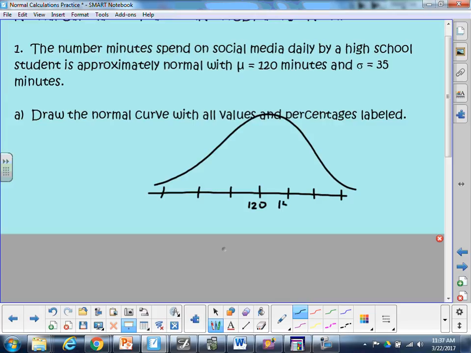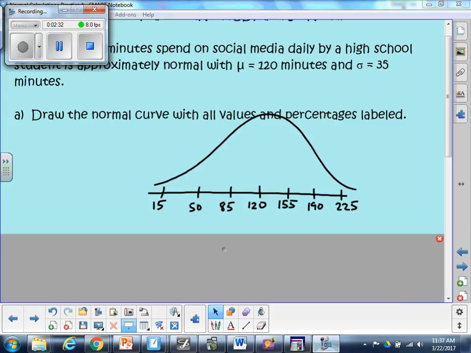So we get up to 155, 190, and then 225. If we're subtracting 35, we go down to 85, 50, and 15. That's going to be our basic spread of the data here.